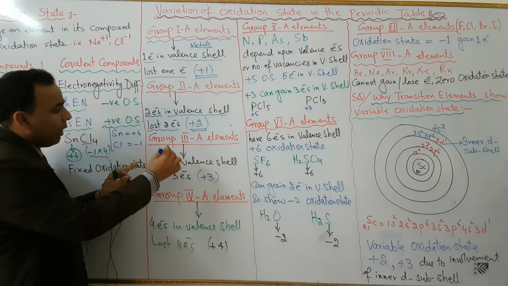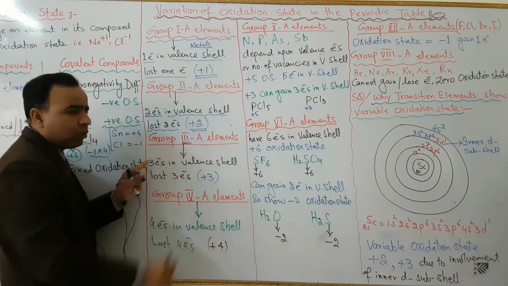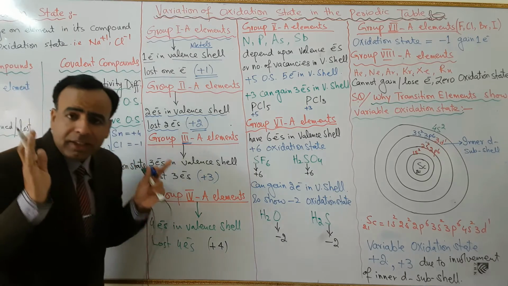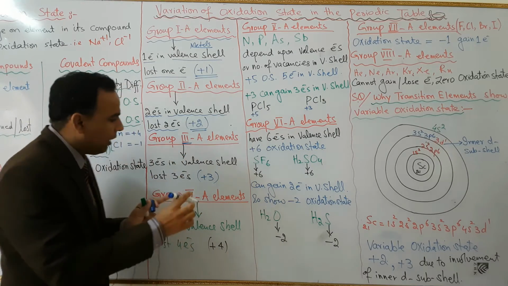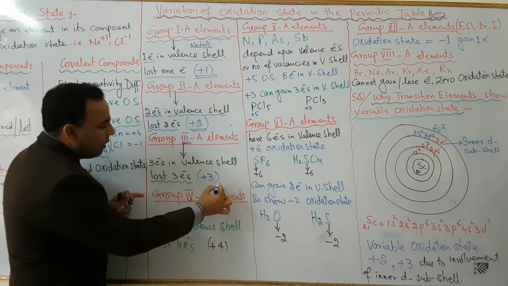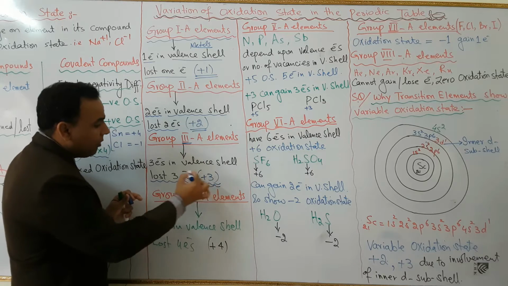In the case of group 3A elements, my dear students, they have 3 electrons in their valence shell and they can lose 3 electrons, so their oxidation state will be +3.